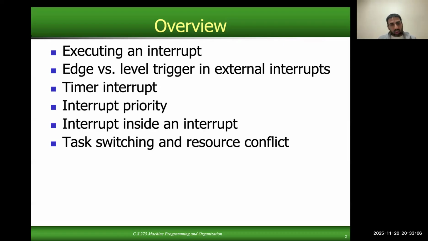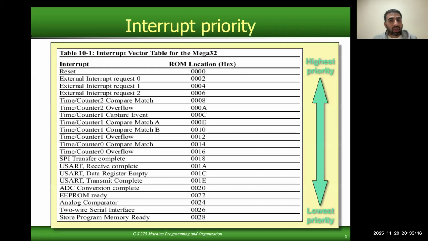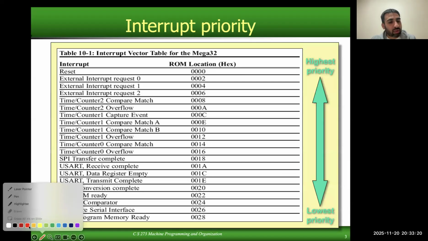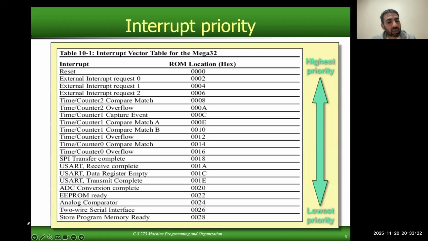So the microcontroller needs to choose which one should be executed, and that is decided based on the priority of the interrupt. If two interrupts rise at the same time, the ISR of the one with the higher priority will be executed, and the ISR of the other will not be executed.